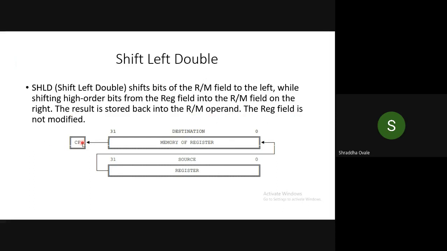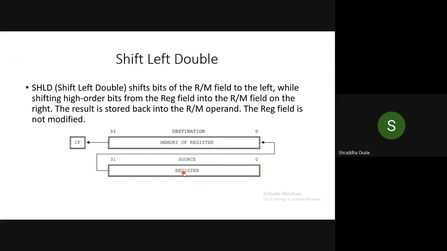Now in this diagram we will see memory. First, this is nothing but memory of the register. Fine, that is also our destination. Same is the case with the register, it is nothing but our source. Means what? From where is the shifting going to take place? From your source, that is your register.